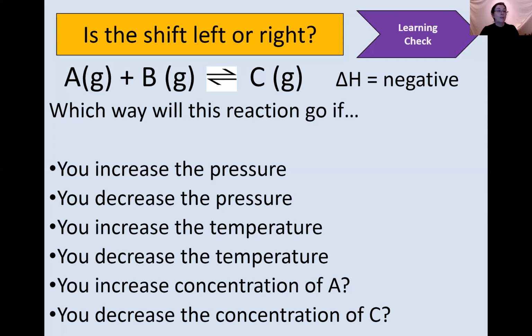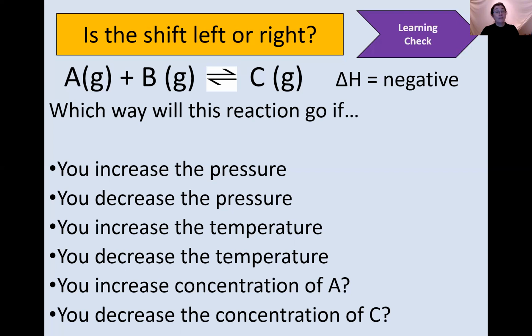What happens when you increase the temperature? Will it shift left or right? What happens if you decrease the temperature? Will it shift left or will it shift right? What about if you increase the concentration of A?